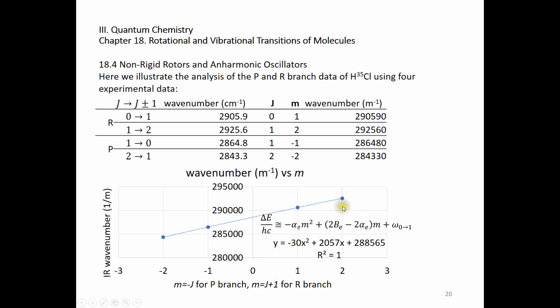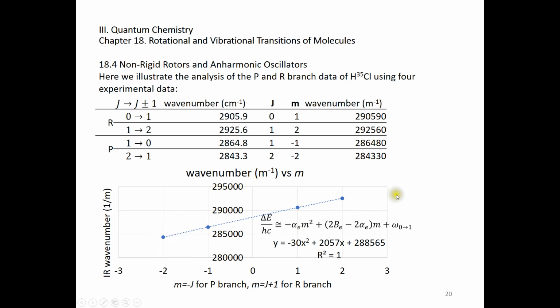M is 1 and 2 over here. You can see the R branch data have higher wave number than the P branch data, only because over here we have rotational excitation, here we have rotational de-excitation. So over here we need a higher frequency photon, here we need a lower frequency photon. The wave number is proportional to the frequency.